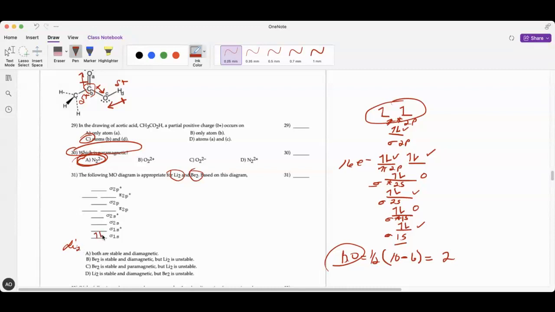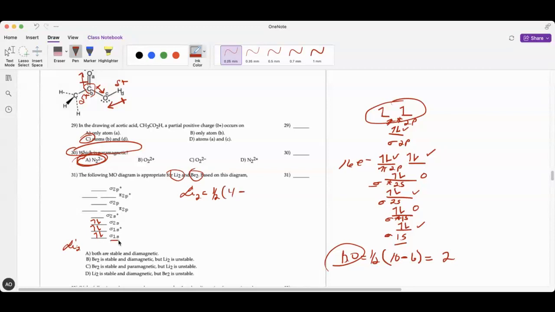So we start here, we put 2, 4, 6. We look at the answer choices and they want to know basically what is the bond order, because that's how we determine if it's stable. So the bond order for diatomic lithium is 1/2 times 4 minus 2.